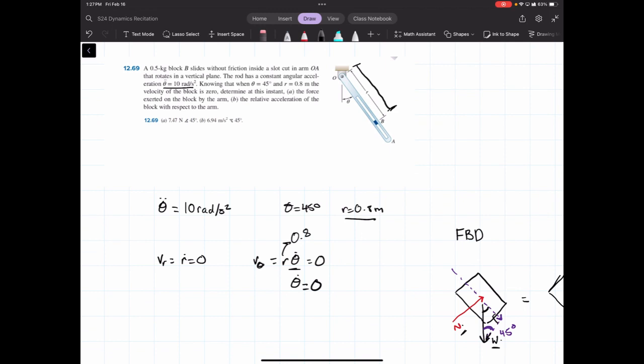And so the block being carried with the rod is going to have the same acceleration in that direction, but the block is also moving up and down in the slot, so it's going to have some other acceleration in the radial direction. So we're not really concerned with the angular acceleration because we know it's a constant 10 radians per second squared. We just need to figure out the radial acceleration.